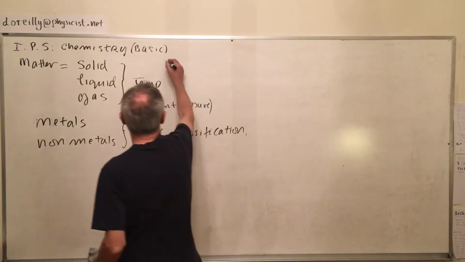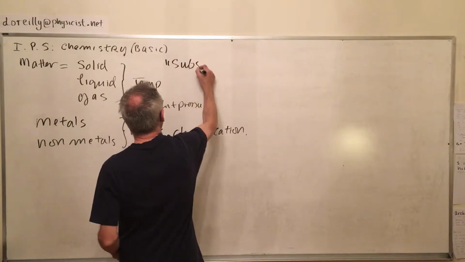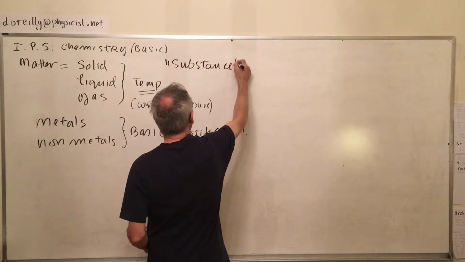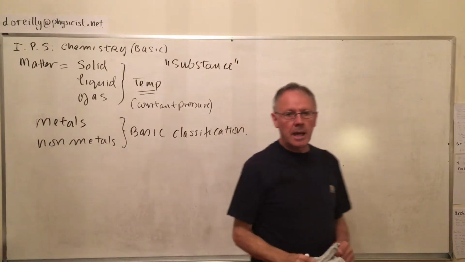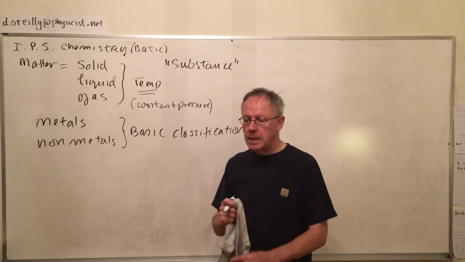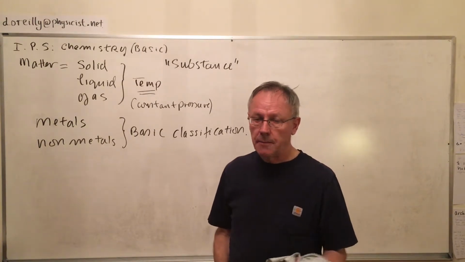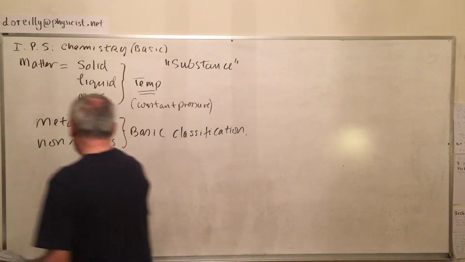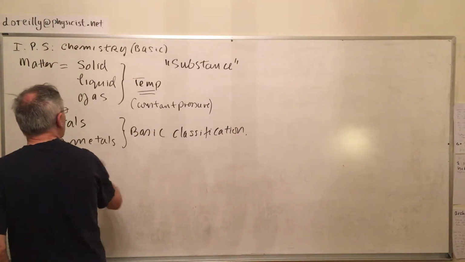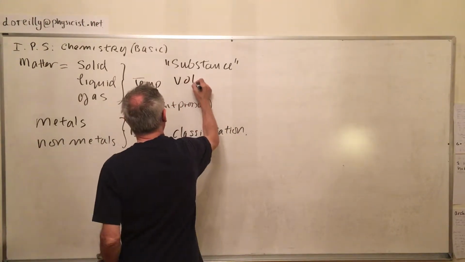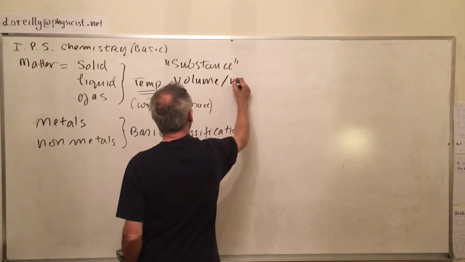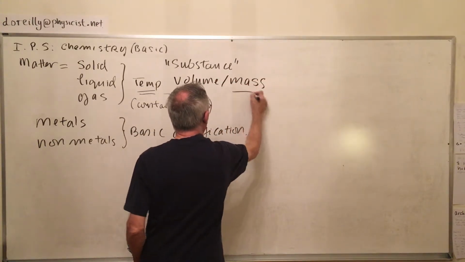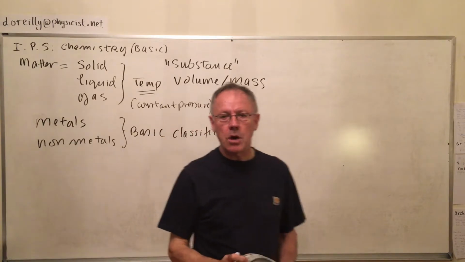We use the word substance as well. Some people like to say anything that has volume, that takes up space and has mass, is going to be matter. Well, let's say that. However, mass is a very difficult thing to talk about.